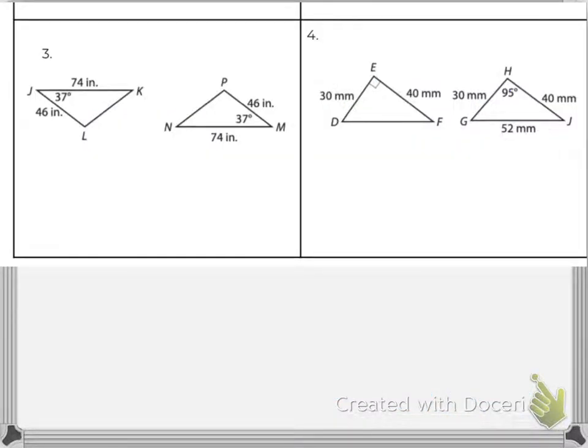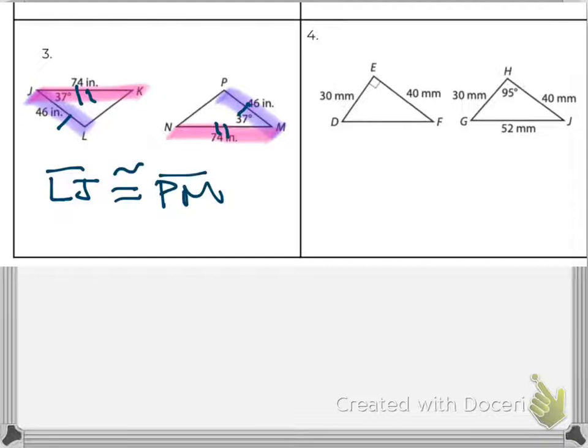All right, so same idea here, same directions, but now we're going to look at where we have numerical values. So I have 46 and 46, those would be congruent. 74 and 74, so I've got my two sets of congruent sides. So LJ, my purple, would be congruent to PM, and I've got that JK is congruent to the other pink, MN.